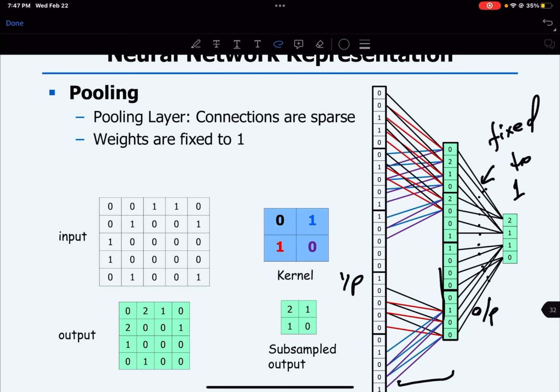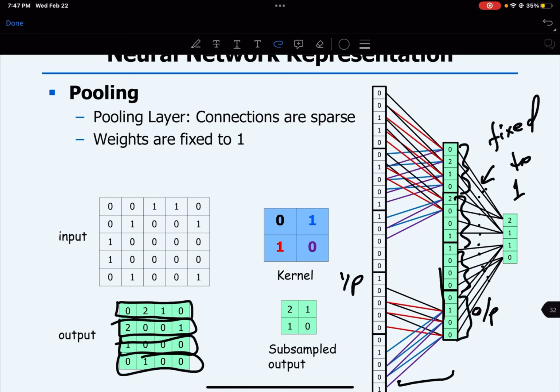So for the first row, we have this vector, then this third and your fourth. This was the output of your first convolutional layer. Applying this kernel results in this subsampled output.